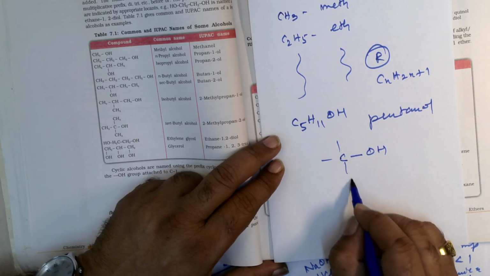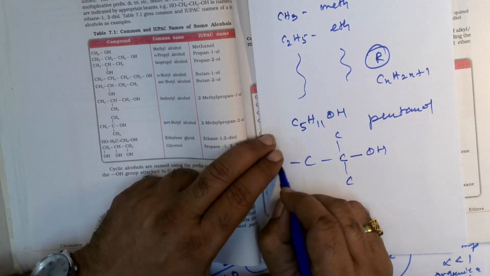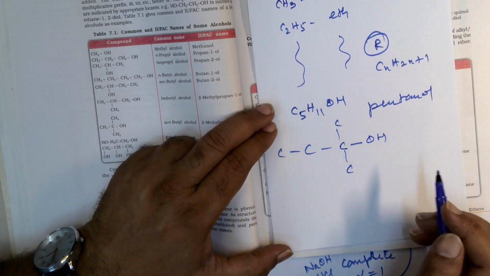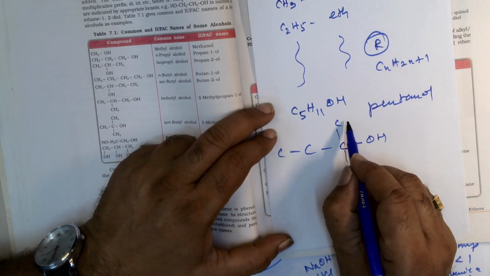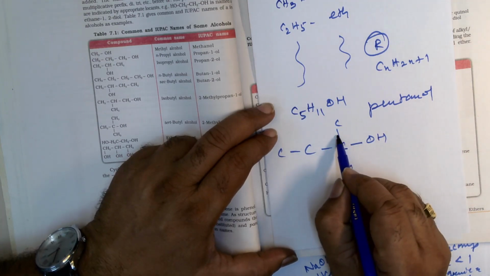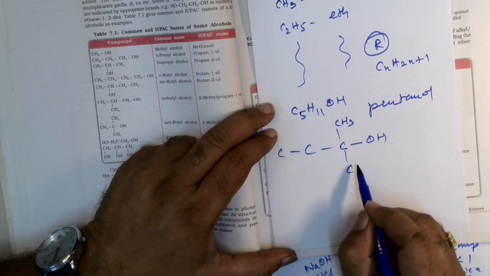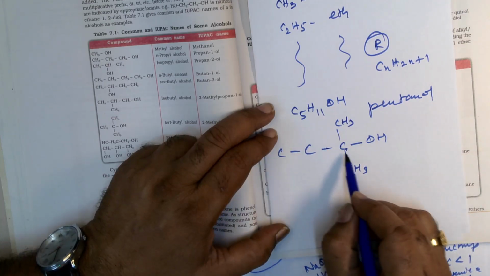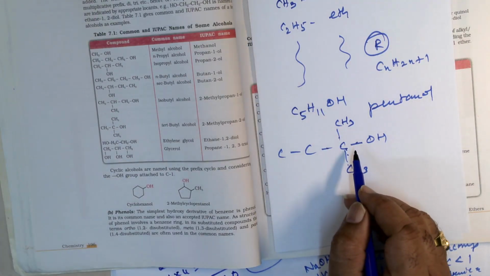So you've got already C, C, C, C, and you can extend one more so that you get five. Now you can put the hydrogen atoms, making sure each carbon atom has a valency of 4. So tetravalent carbon should be maintained. So it has no hydrogen atom.